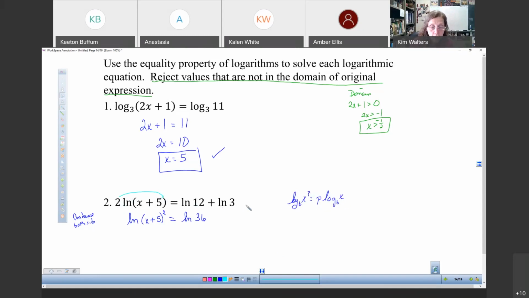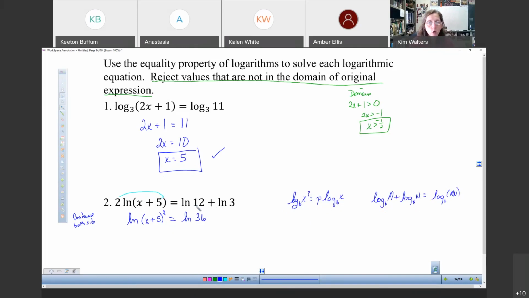The other side, so it said that if I have log base b of m, I think we used m's, plus log base b of n, this became log base b of m times n, right?